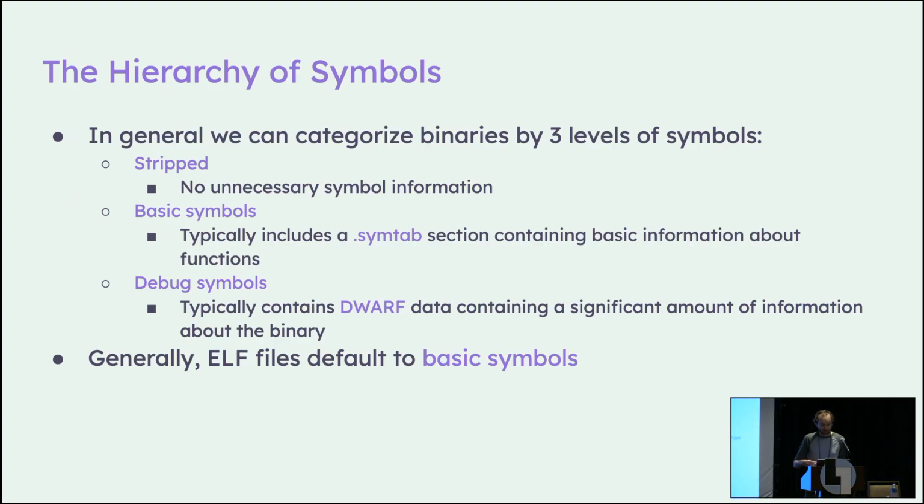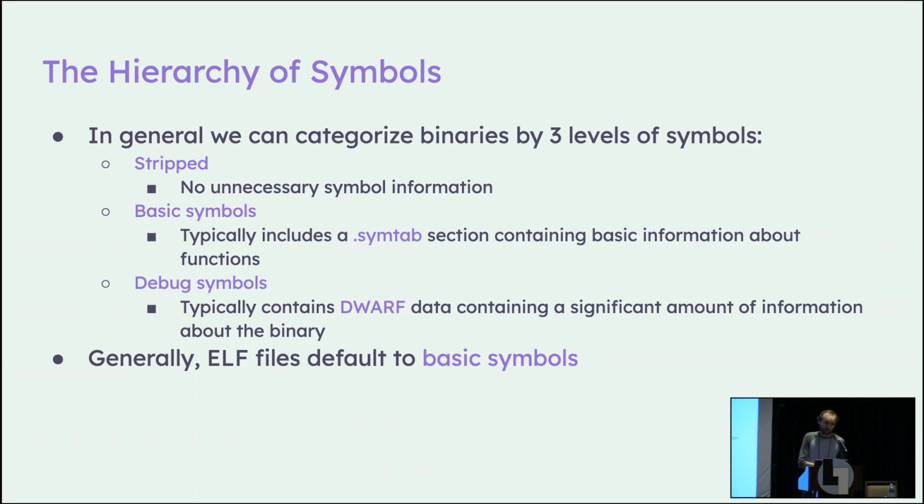And so there's sort of a hierarchy of symbols that can come along with a binary. In general, you can categorize binaries by 3 levels of symbols. There's stripped binaries. They have no unnecessary symbol information. There's nothing there given to you because that's not actually necessary for it to run. And then there's basic symbols, which are usually implemented through a section called the symtab. We'll talk about that in a few, but that contains basic information about functions, nothing too deep.